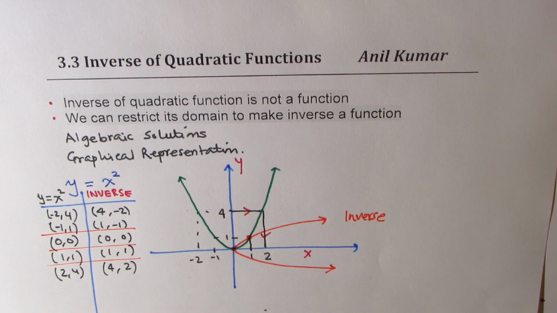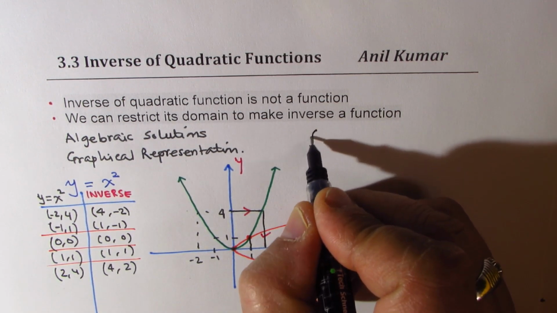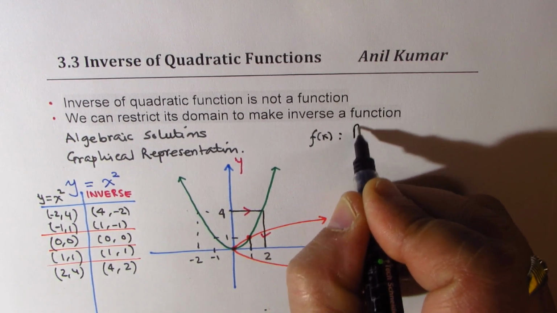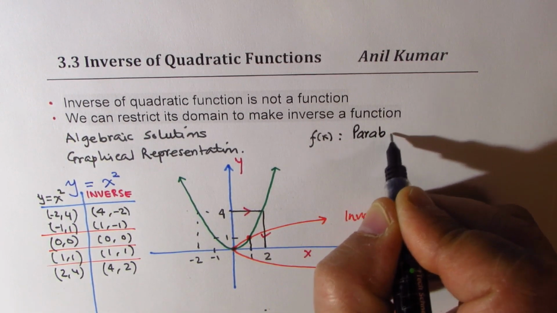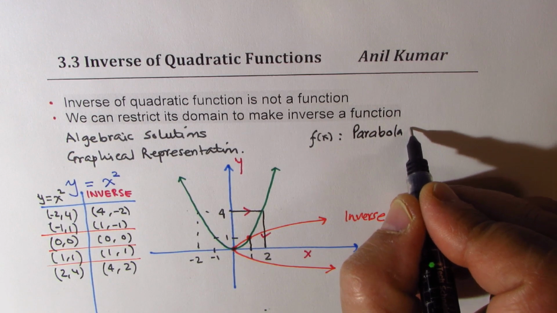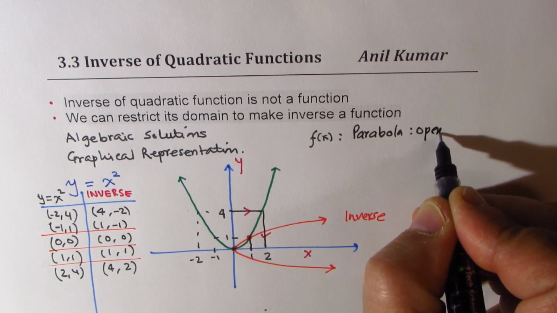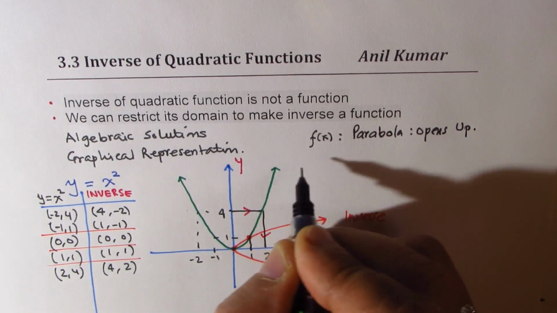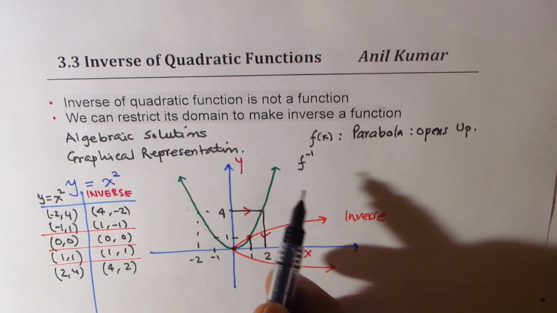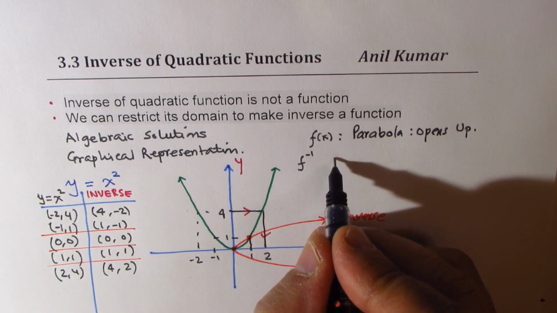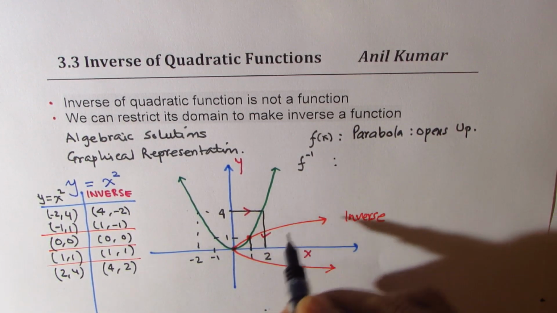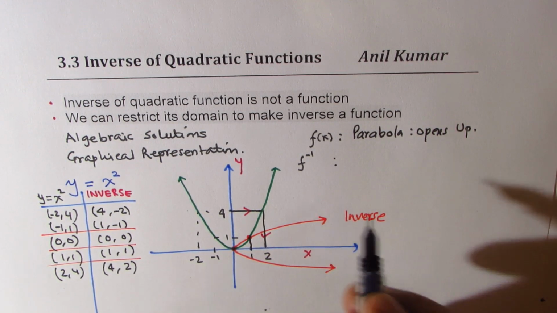So graphically, what you notice here is that if the function f of x is a parabola which opens up, then the inverse, which we designate like this, is again a parabola which opens on the right side.